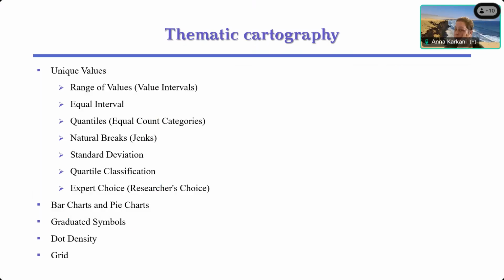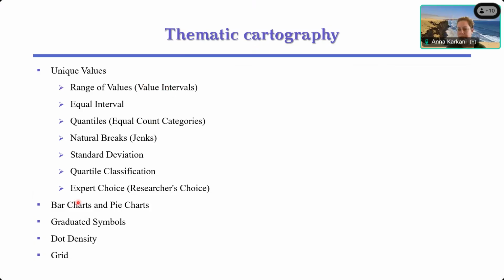So if we look at the different types of thematic cartography, the main ones are the ones that you see in the bullets. So we have what we call unique values. There are value intervals. And then in the value intervals, we have different options that we can use.